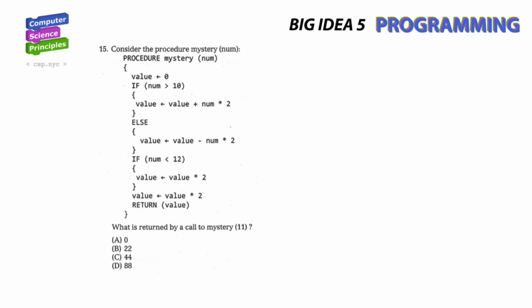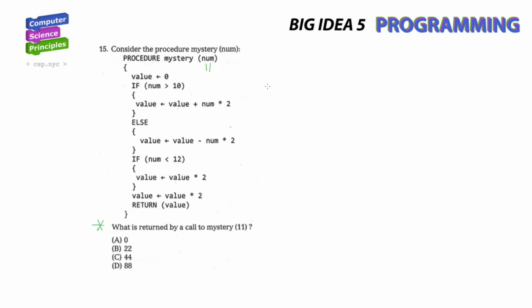Okay, question 15. It says consider the procedure mystery num. The value is given 0 and then a bunch of things. So I'm going to just skip through that because effectively we're told what is returned by a call to mystery 11. So if this becomes 11, then we go straight through this.